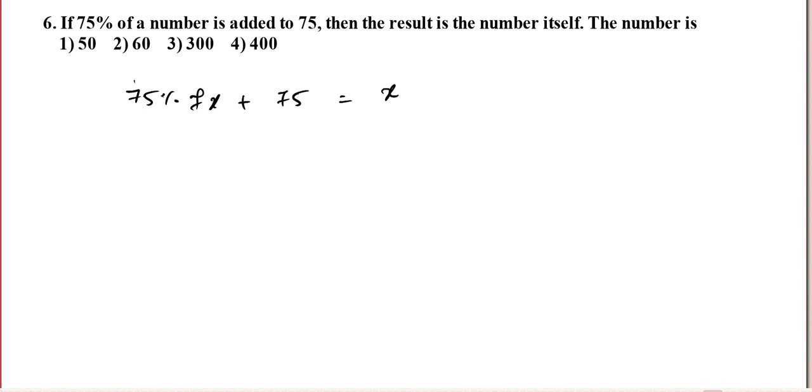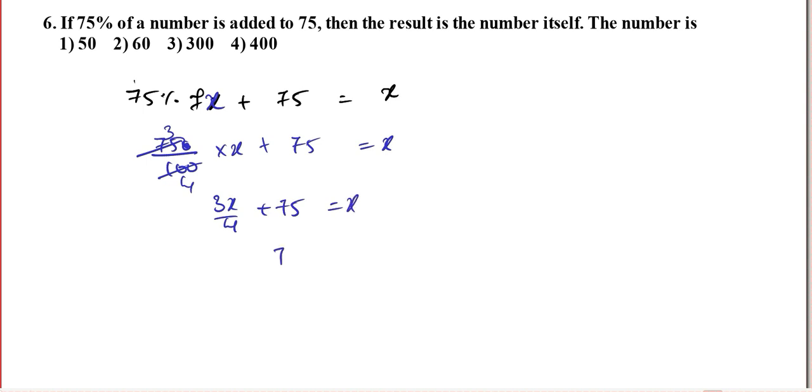So this is an equation which fits this condition. 75 percentage means 75 by 100 into x, plus 75, that gives you x. So 25 3s are 75, 25 4s are 100, so that is 3x by 4 plus 75 gives you x. From this, 75 is equal to x minus 3x by 4. If you take the LCM, we get 4 as the LCM. So to make 1 a 4, multiply by 4 by 4.